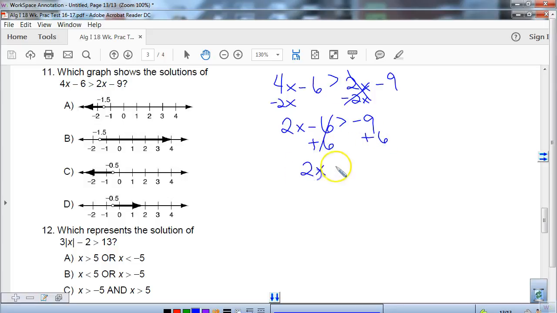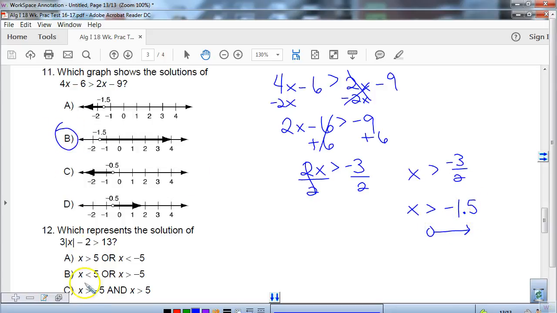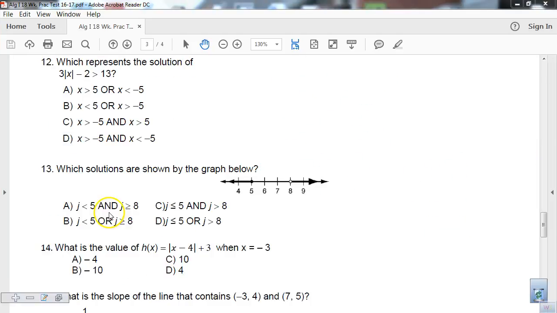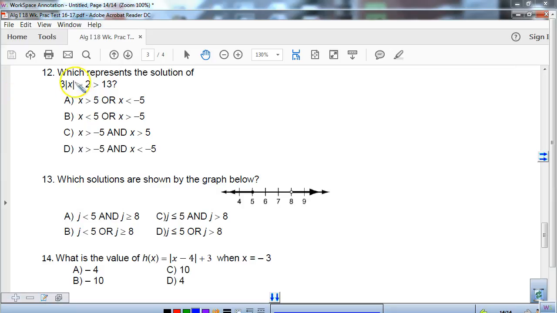That gives us 2x is greater than negative 3, and then divide both sides by 2, so that x is greater than negative 3 halves, which is the same as negative 1.5. Now greater than is going to be an open circle to the right, and that'll be at negative 1.5. That is option B.